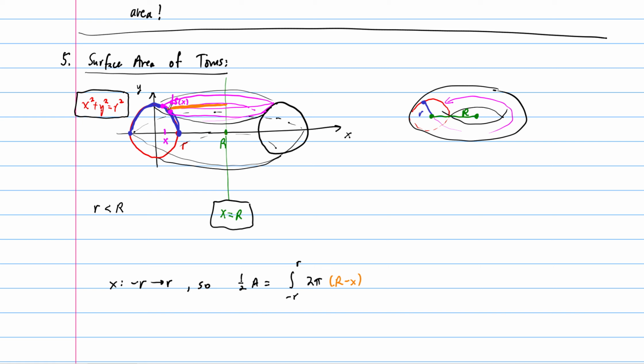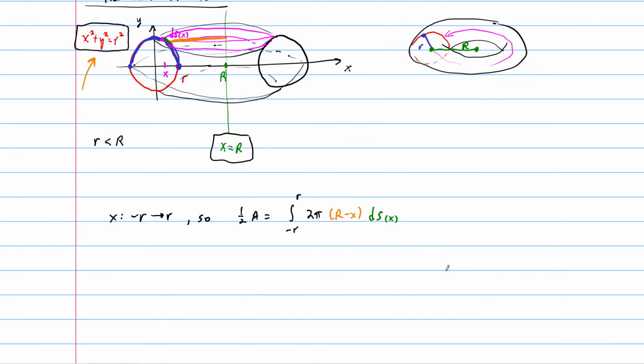And then the arc length here has to be computed. I'm going to let you guys compute the arc length from here. We've done this one before actually. That little arc length element comes from that, so ds of x. So 2 pi times the radius times the height, and that's what you're going to get.